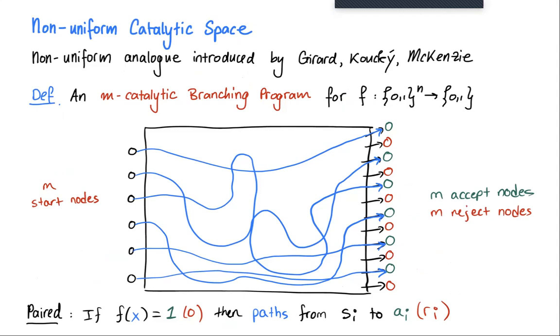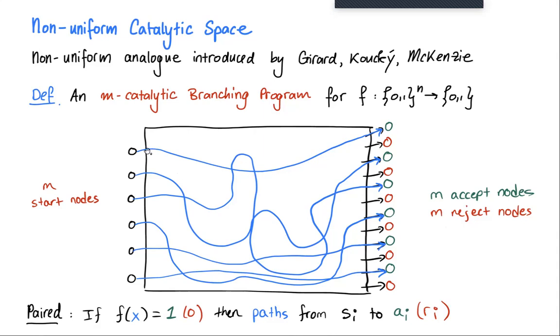But before I go there, I have to move to the non-uniform setting, so non-uniform catalytic space. This non-uniform analog was introduced by Girard, Koucký, and McKenzie. They define an M catalytic branching program for a Boolean function as a branching program with a special structure.